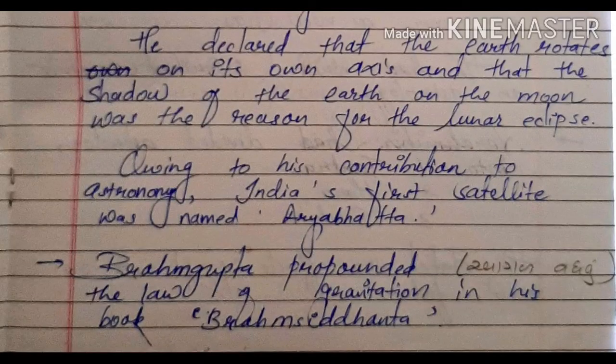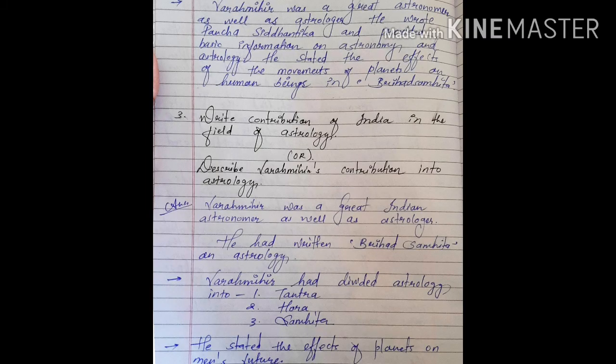He declared that the earth rotates on its own axis and that the shadow of the earth on the moon was the reason for the lunar eclipse. Owing to his contribution to astronomy, India's first satellite was named Aryabhatta. Brahmagupta propounded the law of gravitation in his book Brahma Siddhanta.